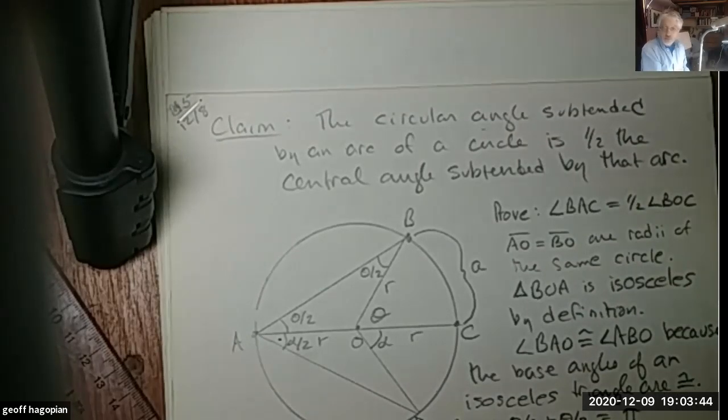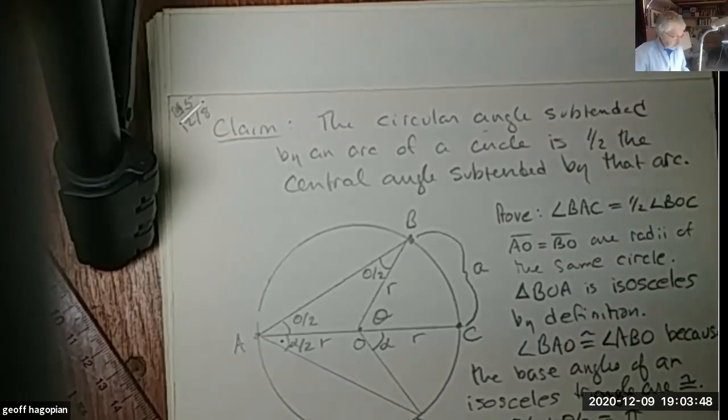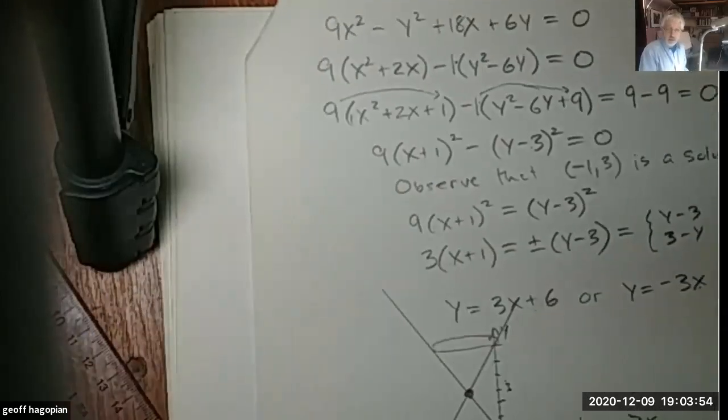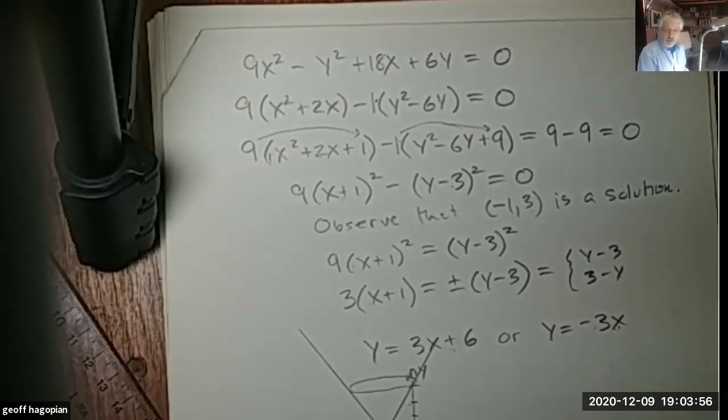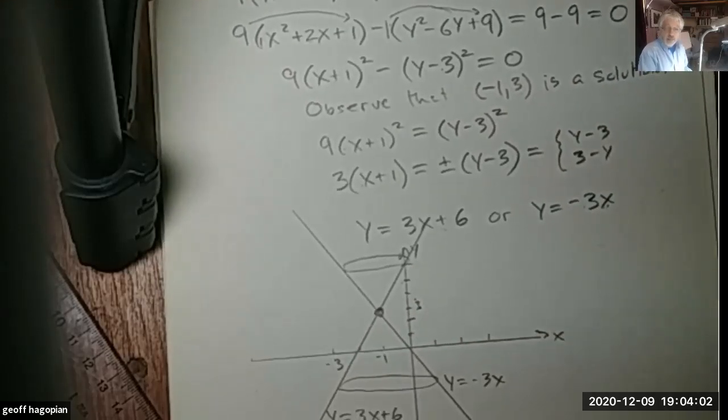So yeah, we proved that the circular angle is half the central angle subtended by an arc. We looked at a degenerate hyperbola.